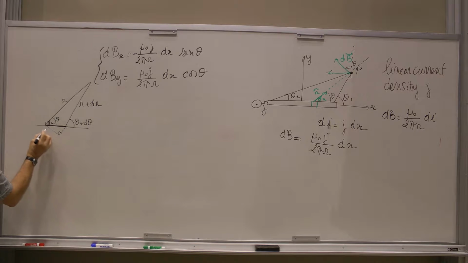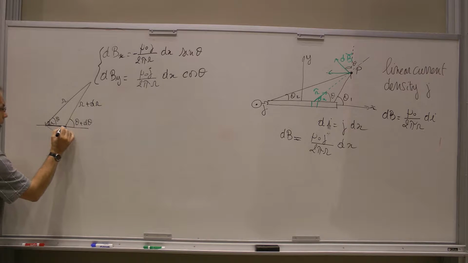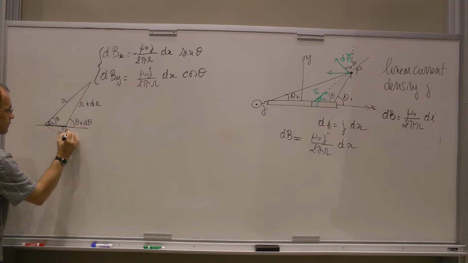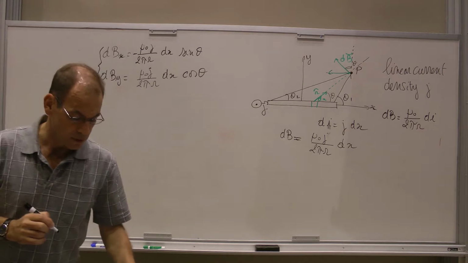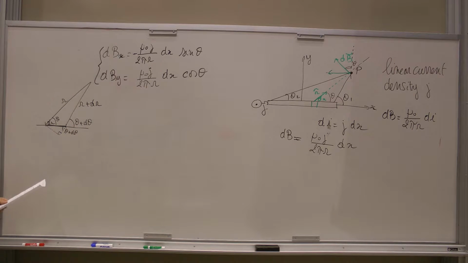So this right angle triangle, with dx in this right angle triangle where I find my theta plus d theta right here. What do I have? I have, let me see, did I do it right there? Well, actually, I can also use, yeah, no, that works. So what do we have?